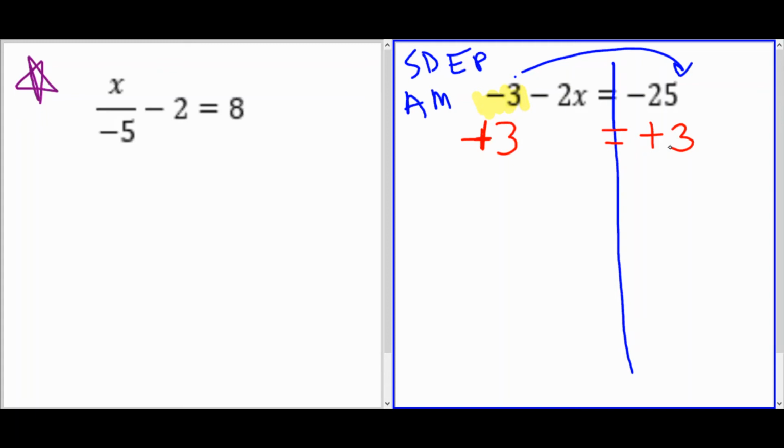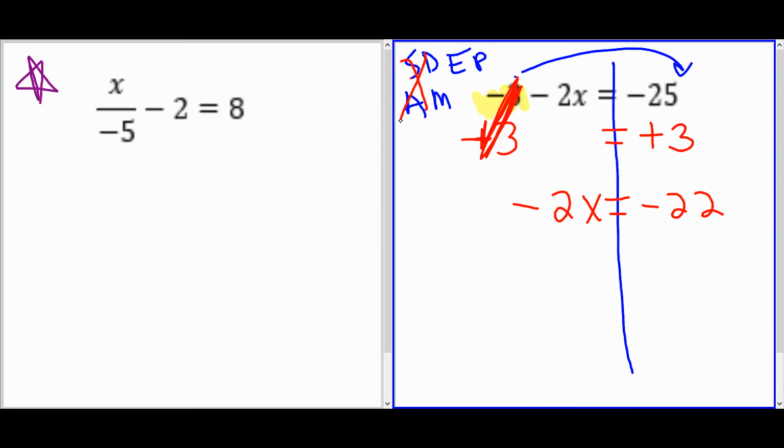I added 3 to both sides of my equation. Now what that does, -3 plus 3, that's 0, so those are gone. Now I have -2x on the left, and -25 plus 3 is -22. So I took care of my subtraction and addition.